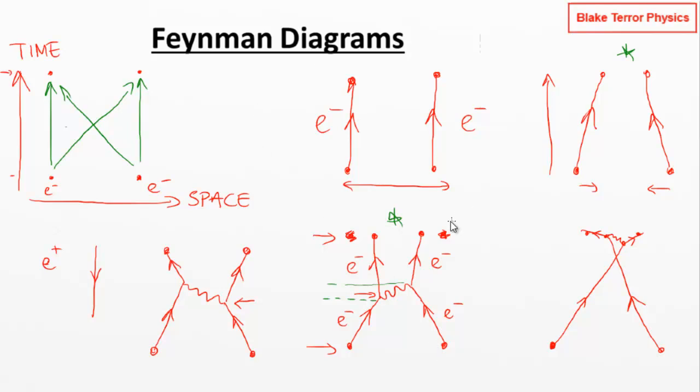And this is the value behind these Feynman diagrams, is not only does it give a nice pictorial representation that describes the process of these two electrons coming towards each other, potentially exchanging this photon, or not in this case, just going straight from A to B. So it gives a description where you can just look at it and see what the process is, but it's also showing all the different ways it could happen.